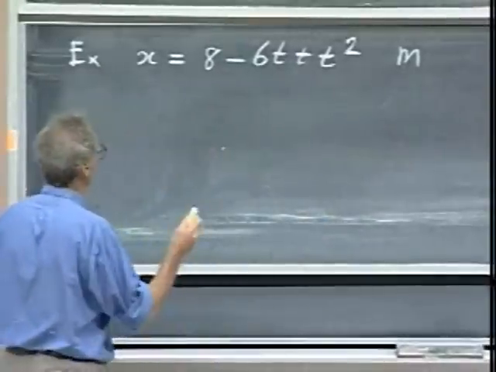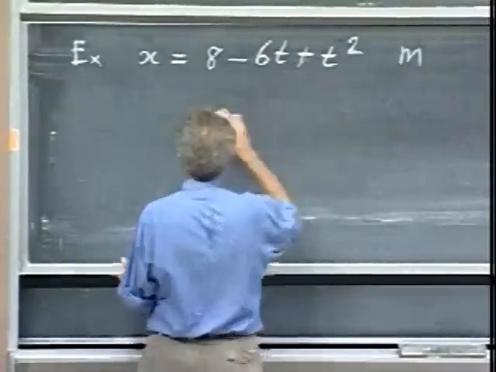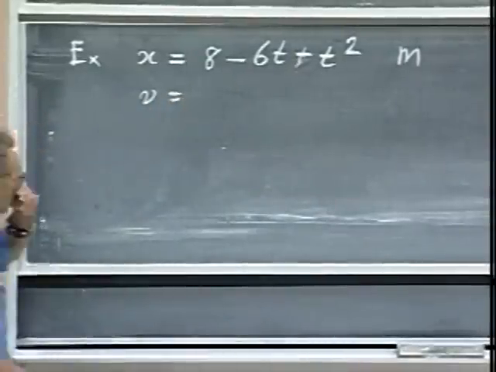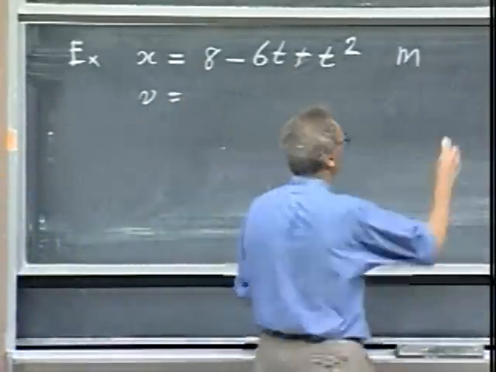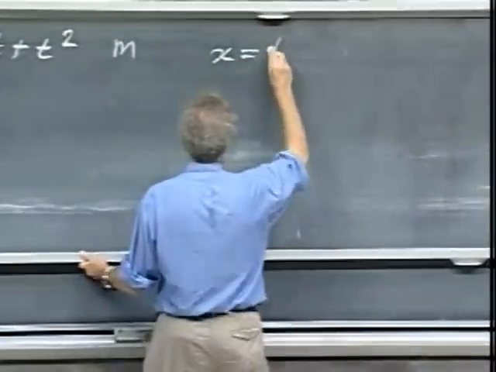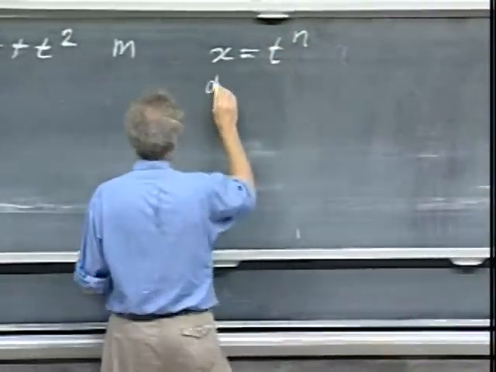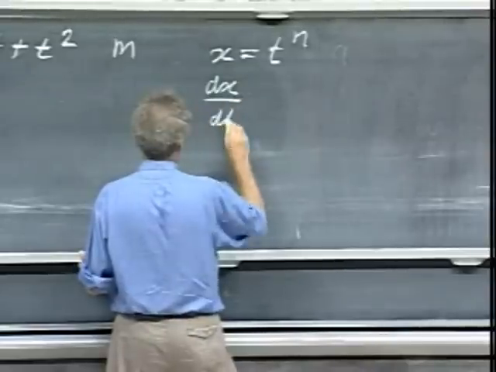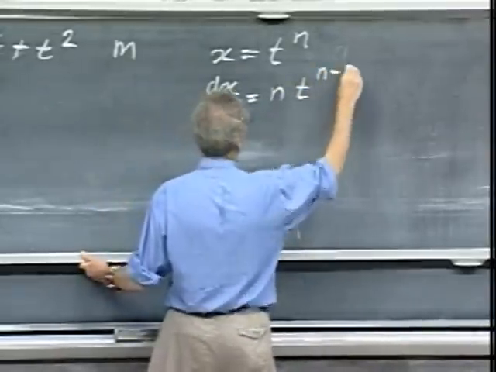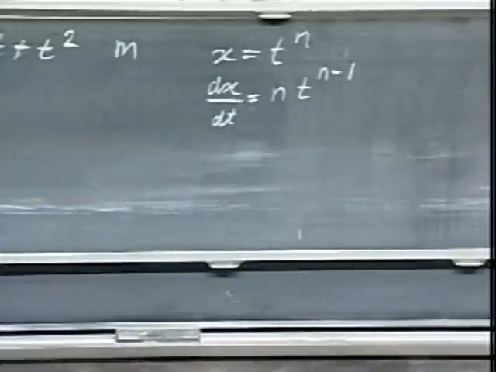And let this be in meters. What now is the velocity at any moment in time? Well, that's the derivative, dx/dt. And I use the following: x equals t to the power n. Then, as most of you should know, dx/dt is then n times t to the power n minus 1. That's all I'm using.